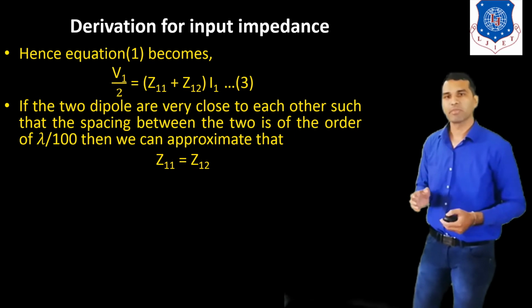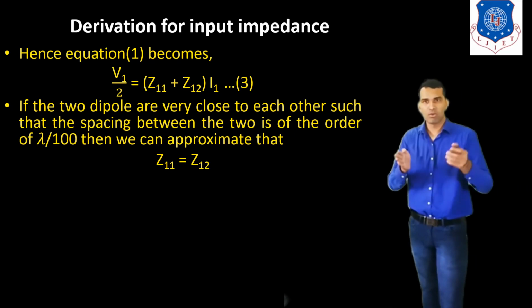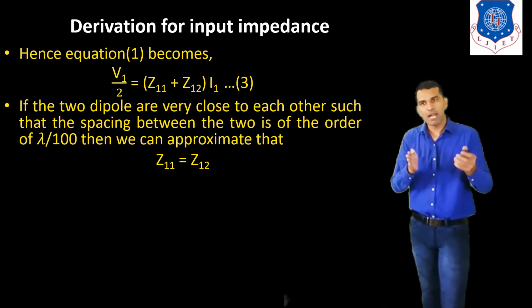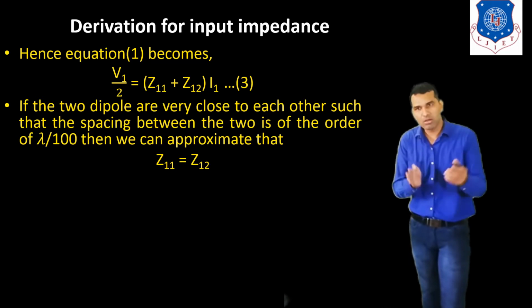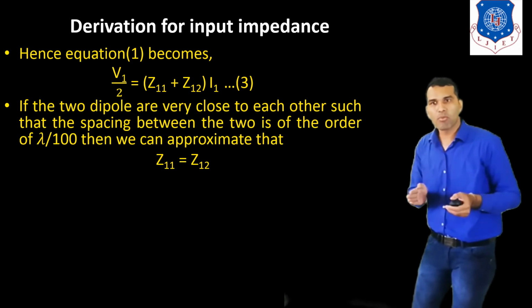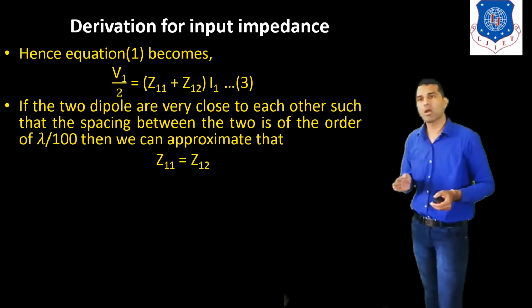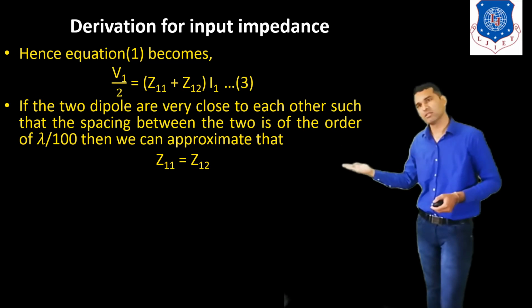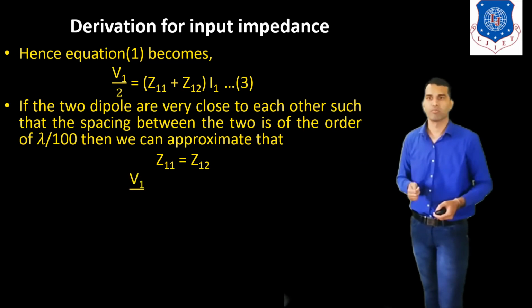That means the dipoles in the folded dipole antenna are very close to each other, with spacing of the order of lambda by 100.